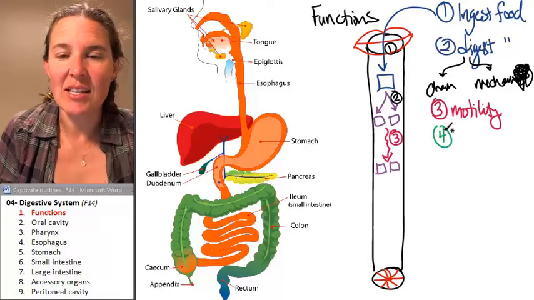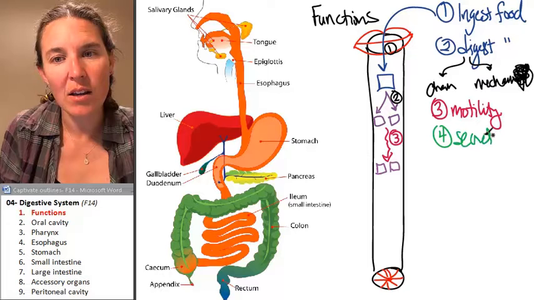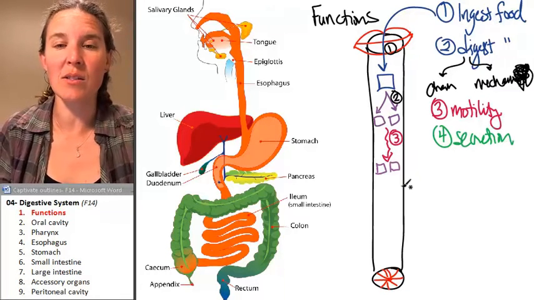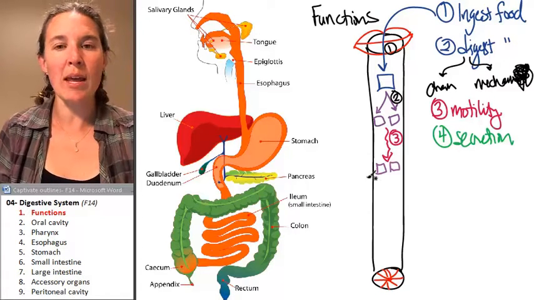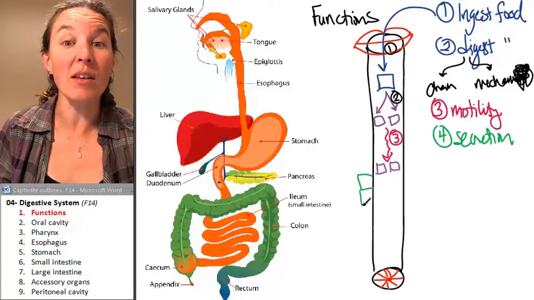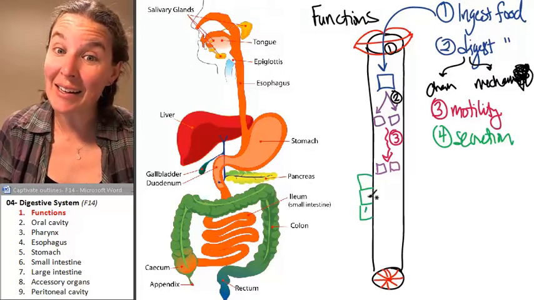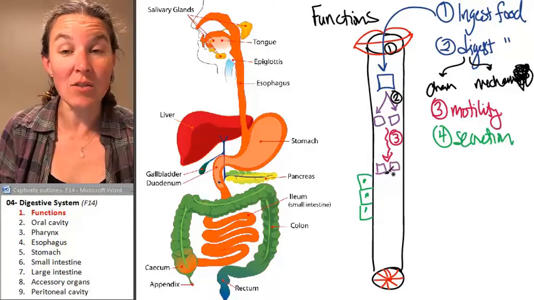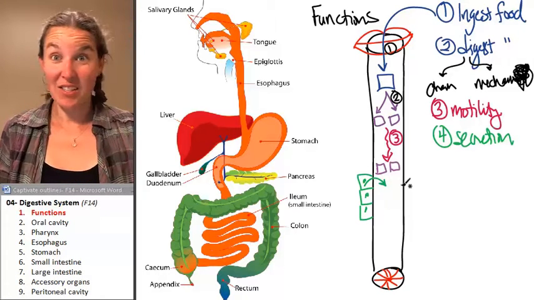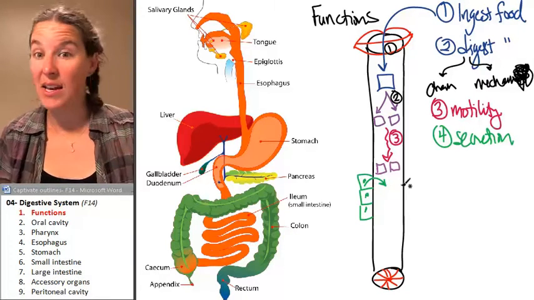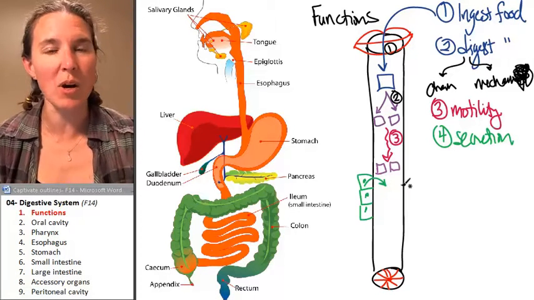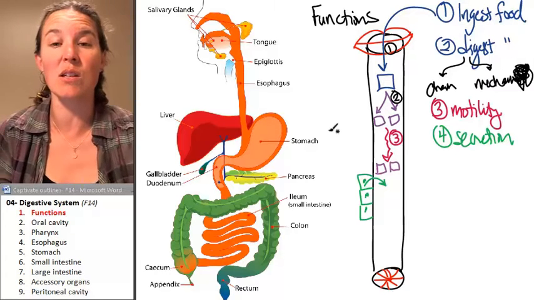Of course it does. We also have, I love this one, another function: secretion. And it's probably a good idea. We're going to see secretion in lots of different scenarios. Secretion is when body cells, this is familiar to you, I know, epithelial cells lining the lumen of my digestive tube actually are producing substances: digestive chemicals, mucus, other enzymes, even sometimes some waste products are actually secreted into the digestive tubing.